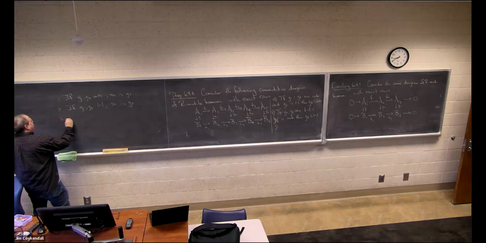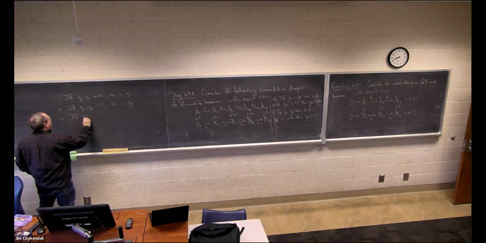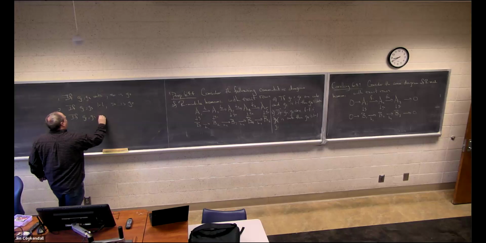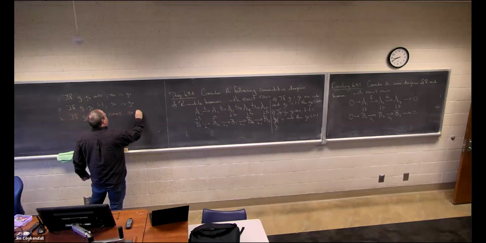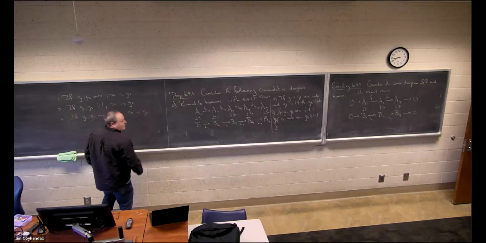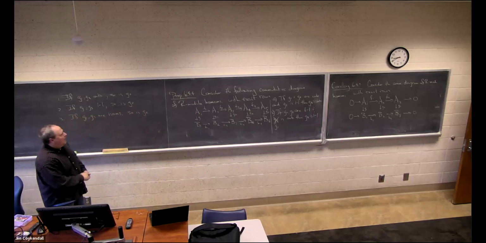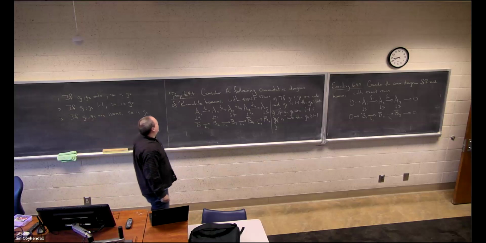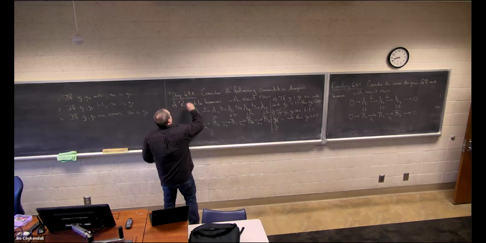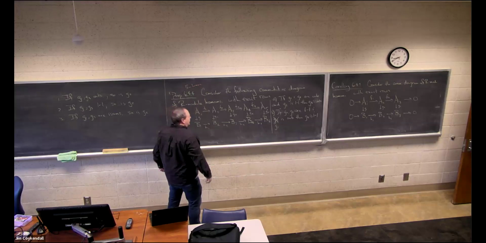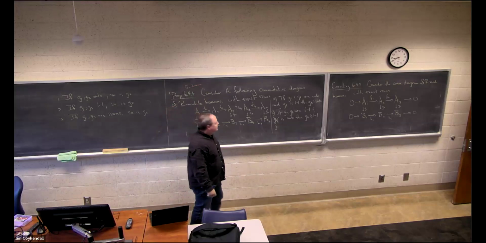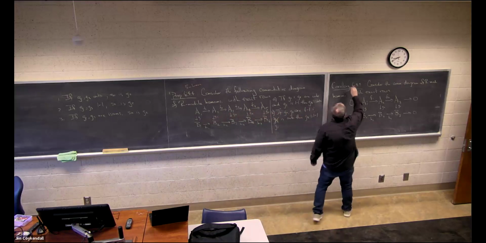And if G1 and G3 are isomorphisms, so is G2. This, by the way, is called the 5 lemma. I bet you can guess why. And this one is called the short 5 lemma.